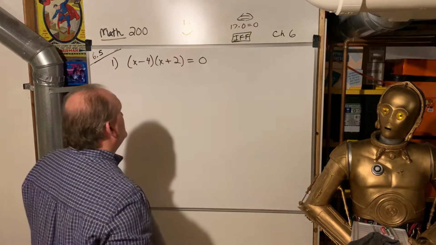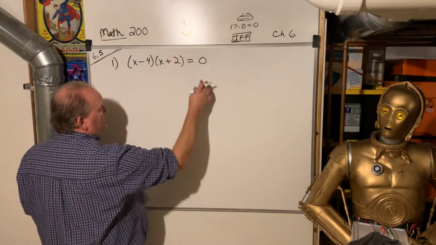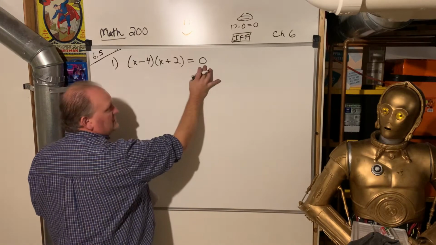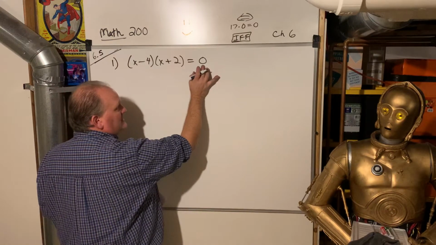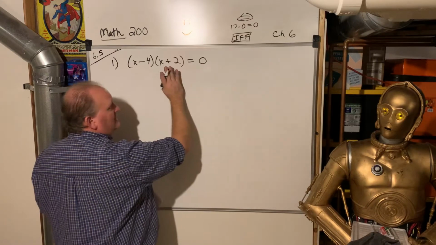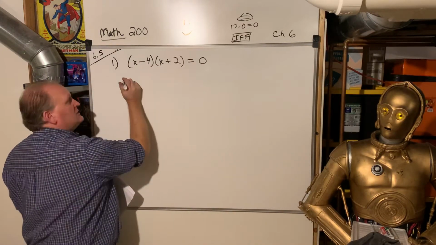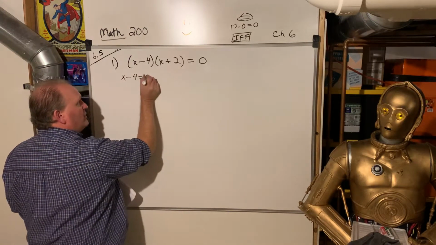All right? So using that logic, if I have a binomial times a binomial and it's equal to 0, the only way that I can get 0 as a result through multiplication is if either this is a 0 or this is a 0. So we literally just set them both equal to 0.